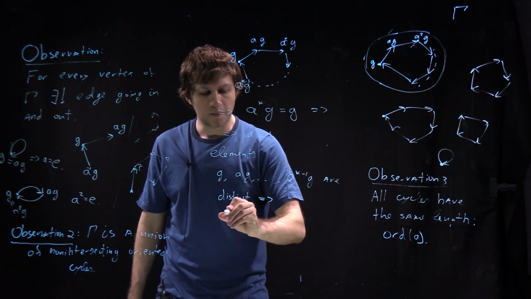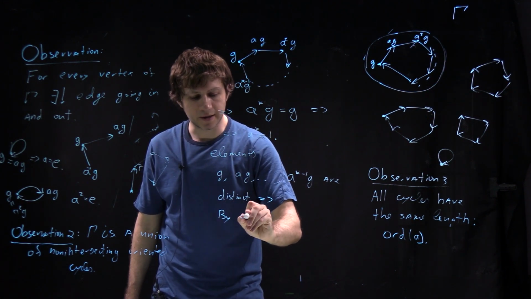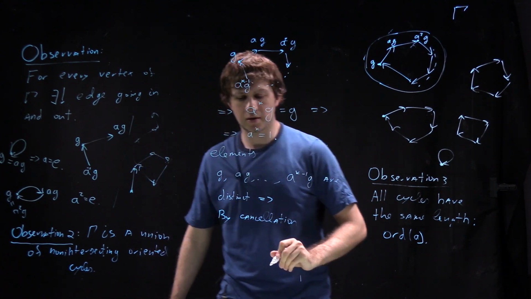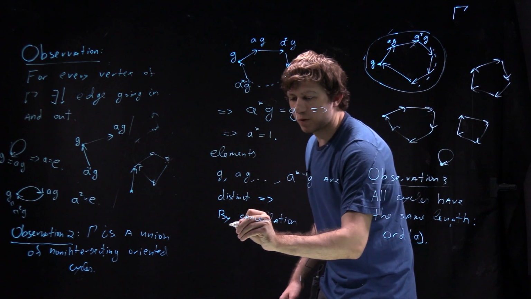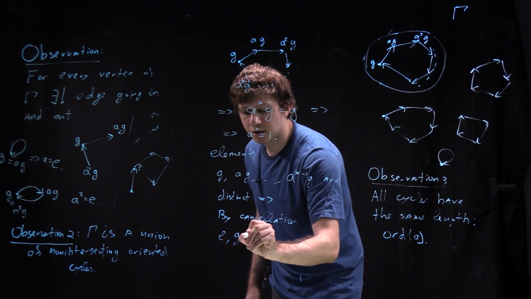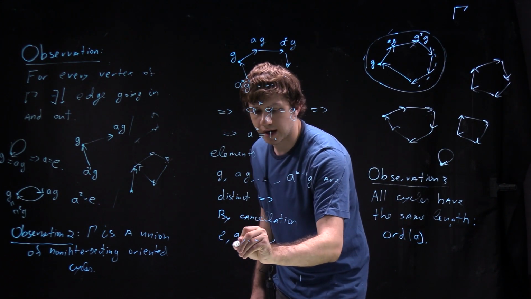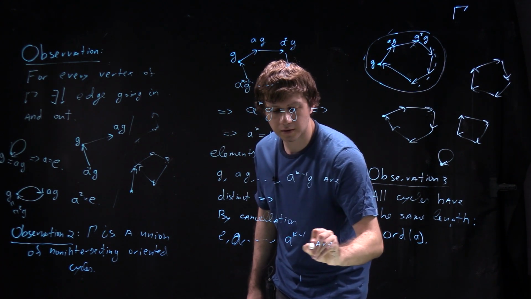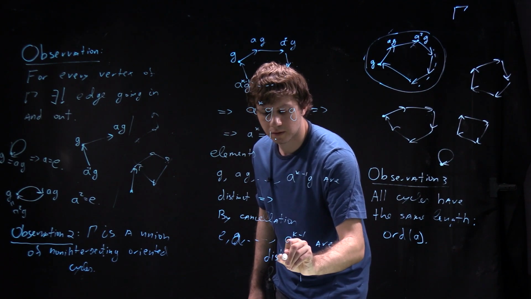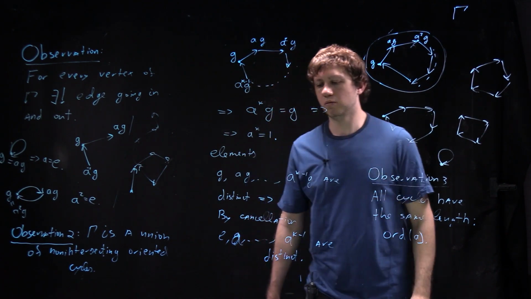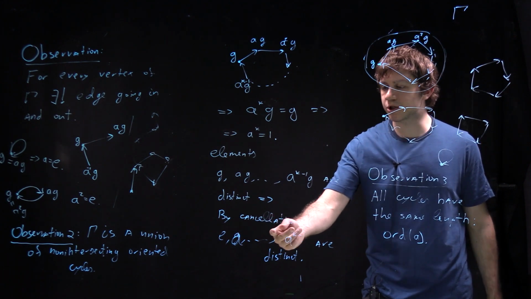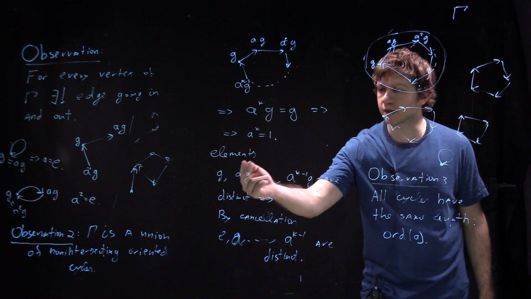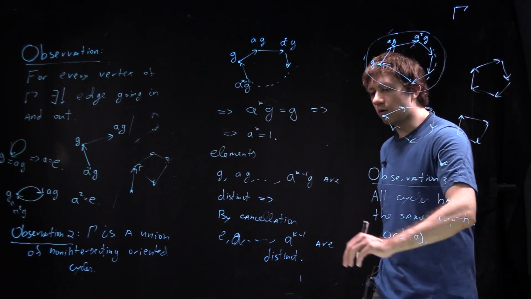So then by cancellation, remember there was this cancellation property a few lectures ago, we know that identity, A, and so on, A power K minus 1 are distinct. Why? Because imagine two of them are the same. Actually, we don't even need cancellation. Multiplying by G, you get that two of these guys are the same. So they are all distinct.